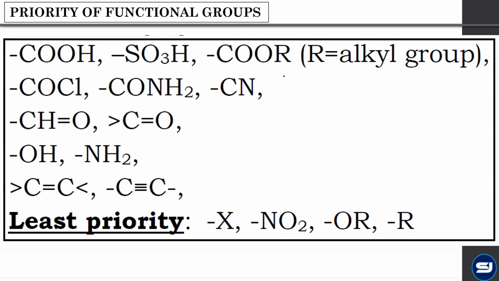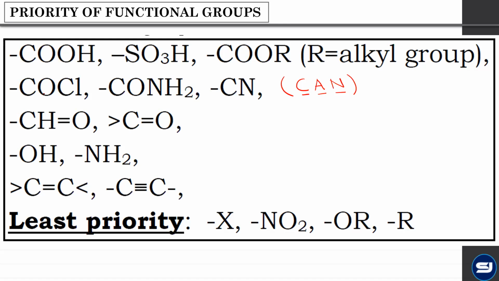Then the second row is to be remembered as CAN. What does CAN stand for? Acyl chloride, amide, nitrile.